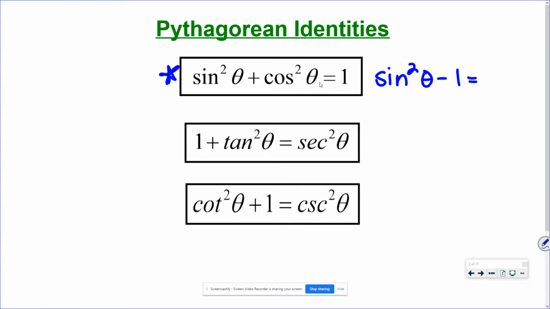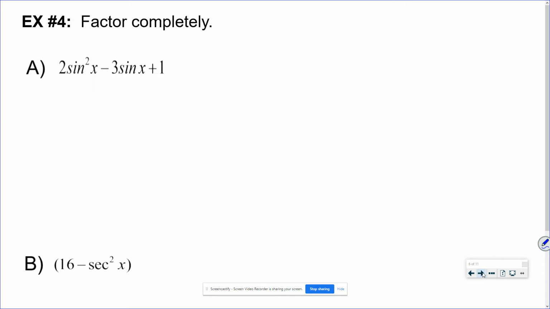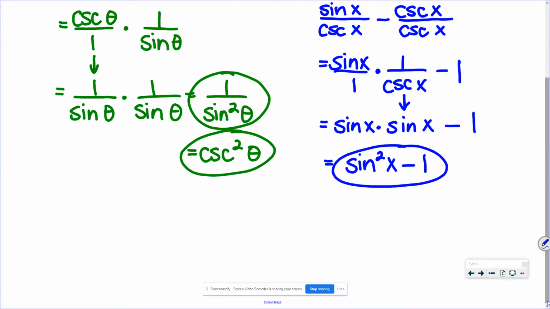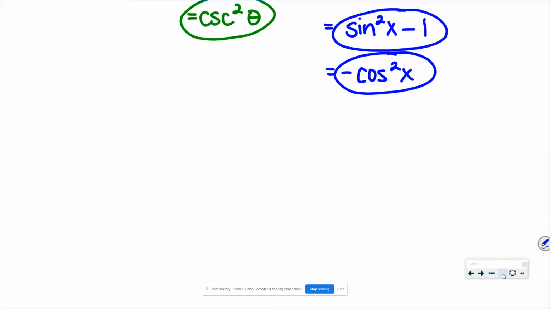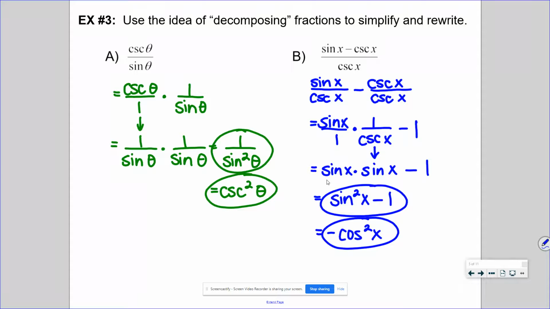If I switched the 1 and the cosine, I'd subtract the 1, and I would have to also subtract the cosine. So this would mean that I have a new version of this identity that I can also use as fact, as truth. So sine squared theta minus 1 is equal to negative cosine squared theta. So to apply that to what we were just looking at, that means that sine squared x minus 1 could also be written as negative cosine squared of x. So you're going to find that these problems have a lot of different paths that lead to the same result.